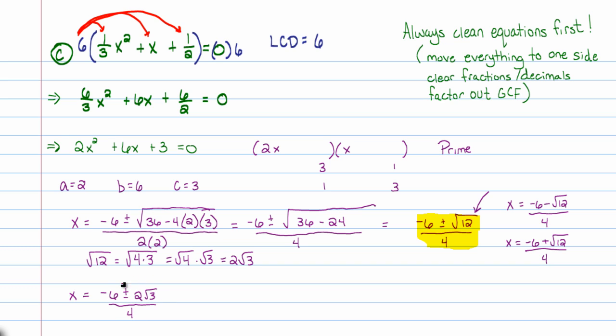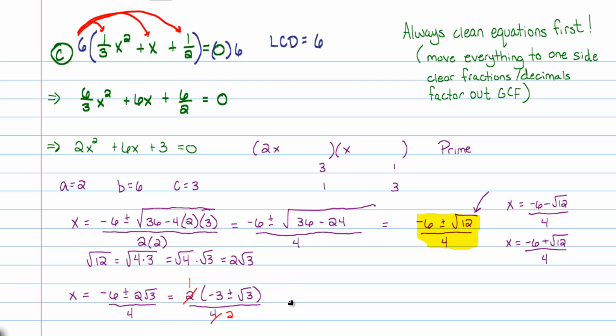And then you would look at this fraction and notice the two terms in the numerator have something in common, a 2. So I'll factor out a 2 of a negative 3 plus or minus root 3 all over 4. And I see that 2 goes in the 4 twice.